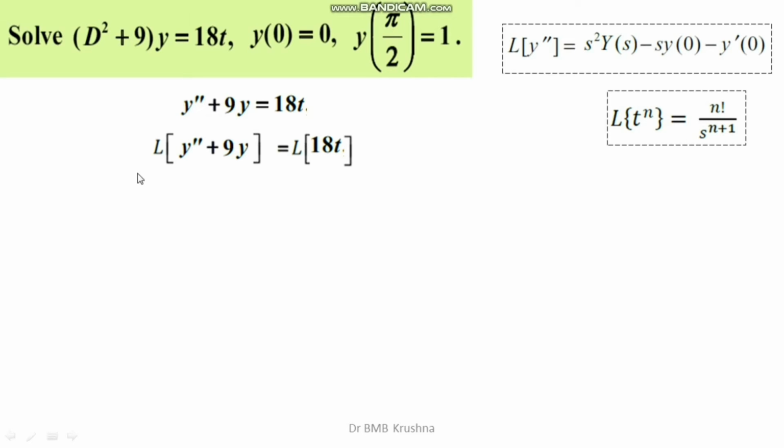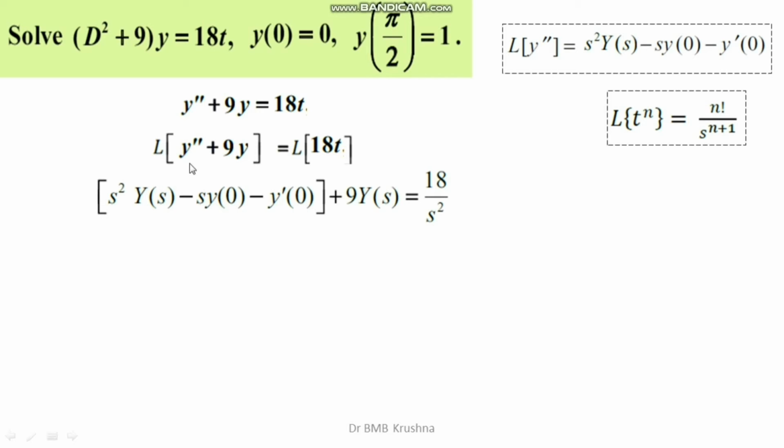Now we can see the Laplace transform of y double dash is s square Y of s minus s y(0) minus y dash of 0. According to linearity, plus 9 times the Laplace transform of y, that is Y of s, equals 18, a constant outside of the Laplace transform, times the function t.